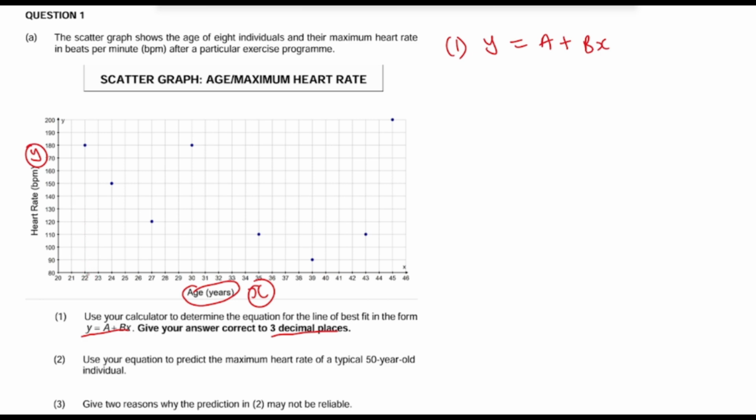The first point here, the x value is 22, and the y value is 180, and then this point should be 24 and 150, and then this point should be 27 and 120.